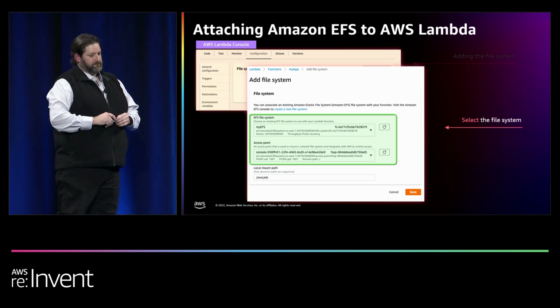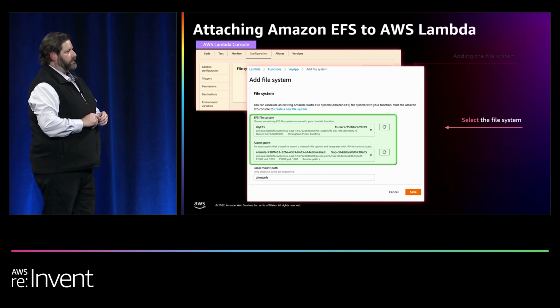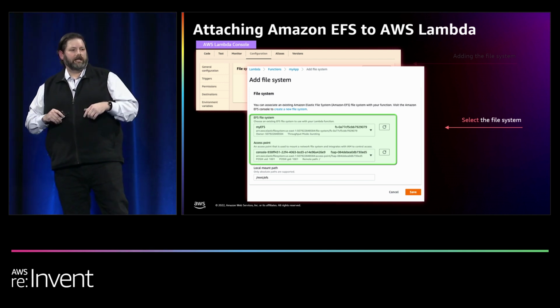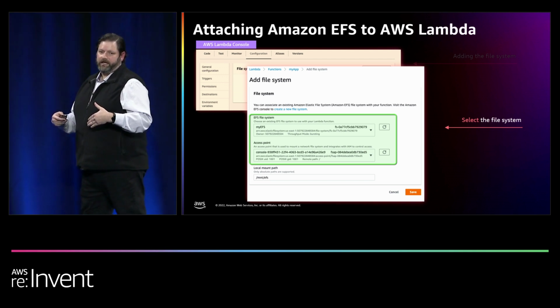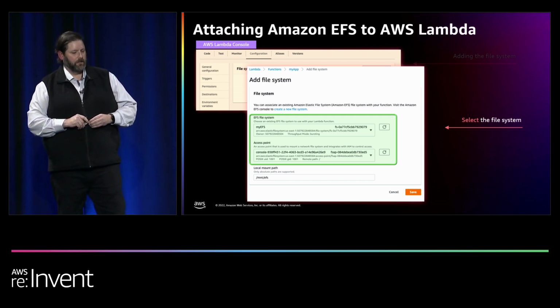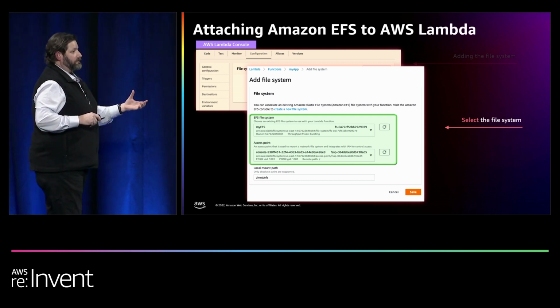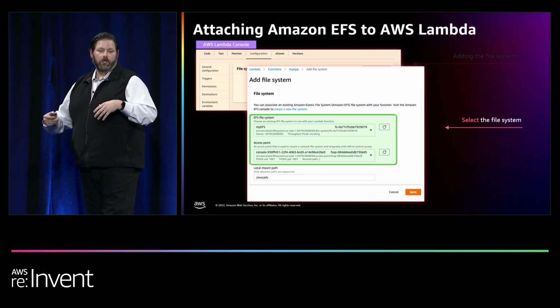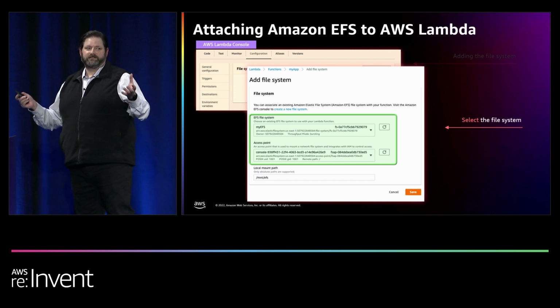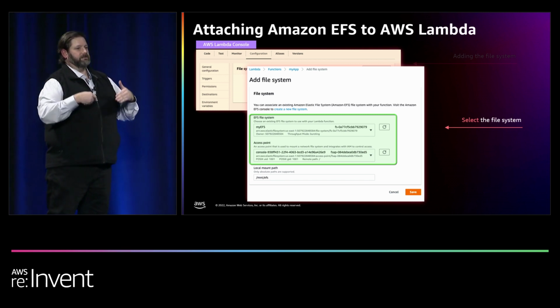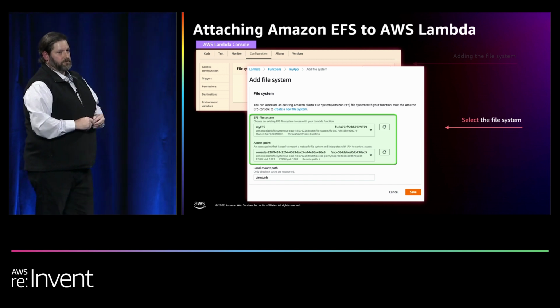We're going to take the EFS file system that we created and the access point that we created, and attach them to the function, and now every time that function runs, it's going to have that attachment to the storage on the back end. So just like that, by provisioning a file system, creating an access point, and attaching it to a function, we've unlocked an entirely different set of capabilities for Lambda, simply because we have low latency, scalable, high-performance storage on the backside.